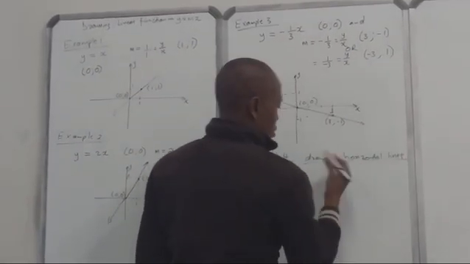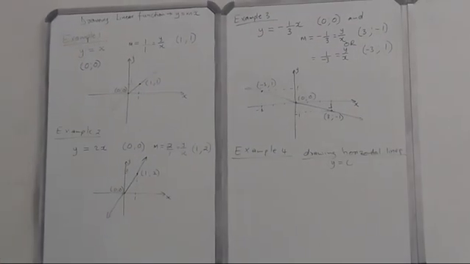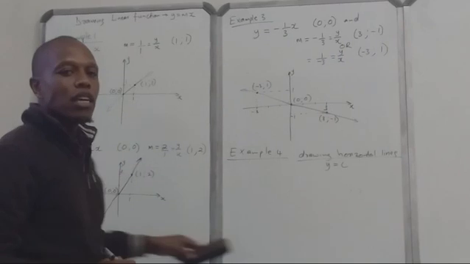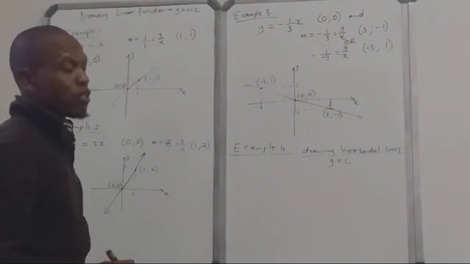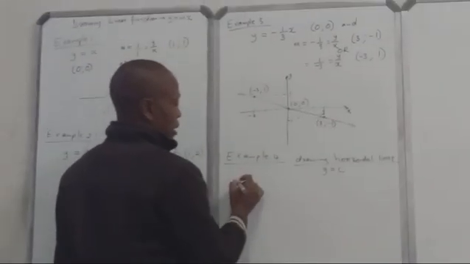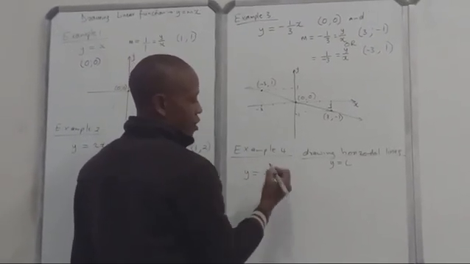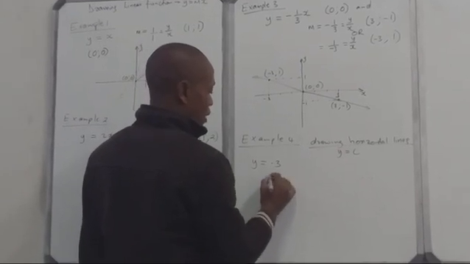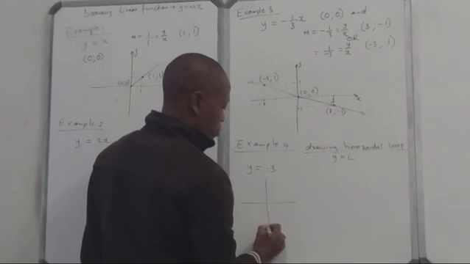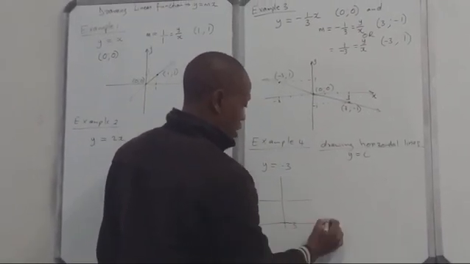So we said horizontal lines are y equals to c. So let's give ourselves negative 3 here. So your line for y equals to negative 3 will pass there, so it's a horizontal line.